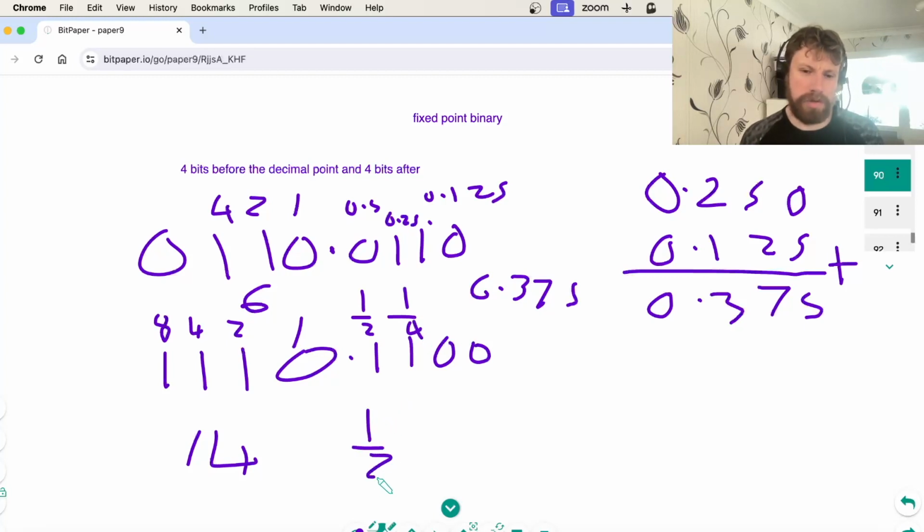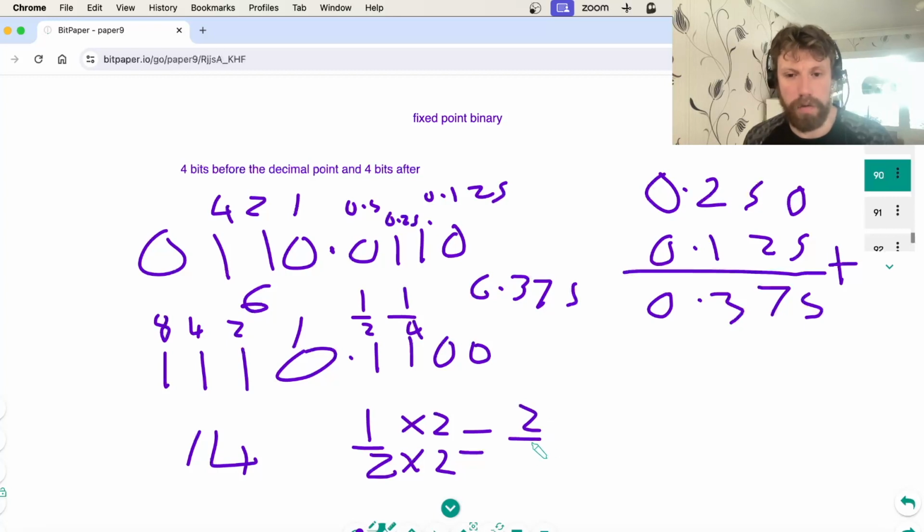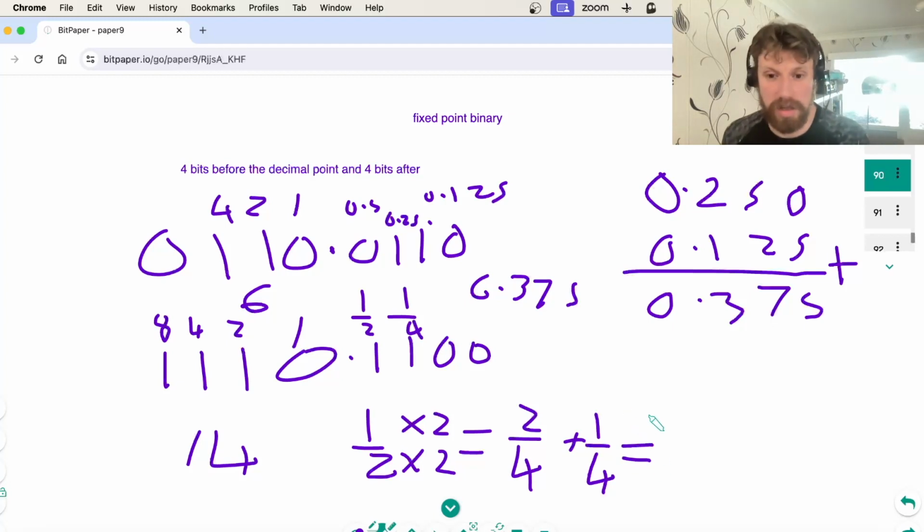If you don't know how to add fractions together, we've got to make the denominators the same. So times 2, so that's going to give us 2 over 4. And then now the denominators are the same, we can add them. In my opinion, I actually find this a bit easier using this particular method. So 3 quarters, okay? So it's going to be 14 and 3 quarters is our answer.